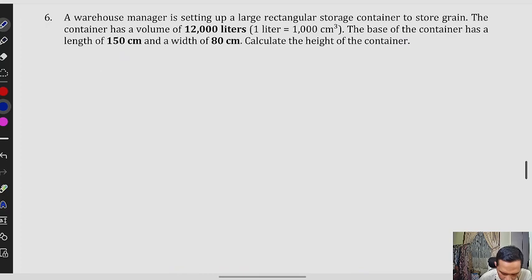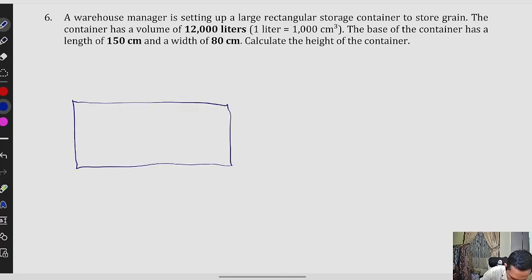Question number 6. A warehouse manager is setting up a large rectangular store container to store grain. So we have rectangular storage. Rectangular storage is like a cuboid. Let's draw a cuboid first. Because it's storage, it's 3D.